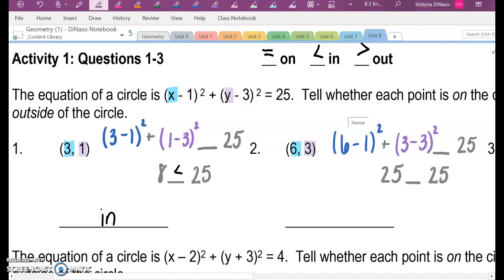And you should get the number 25. Since the 2 sides are equal, this point is located on the circle, since they're equal.